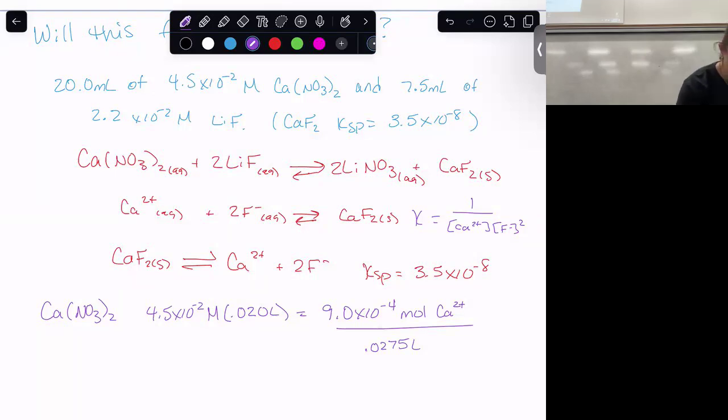And so you get 3.27 times 10 to the negative 2 molar calcium ions. And then what do we do for fluorine?